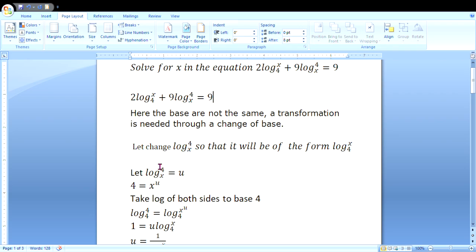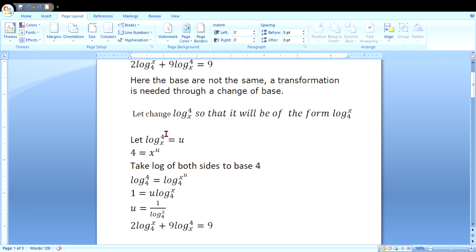Now let's change log 4 to base x so that it will be of the form log x to base 4. So we will transform this so that it looks like x base 4.